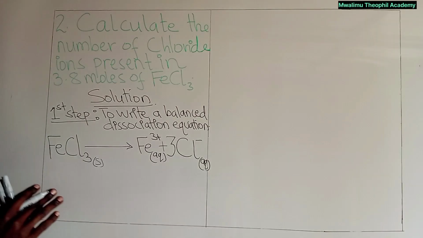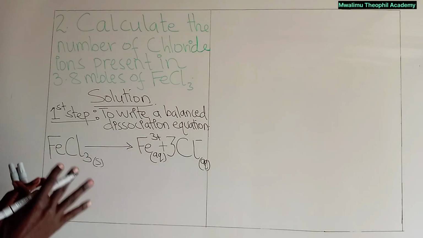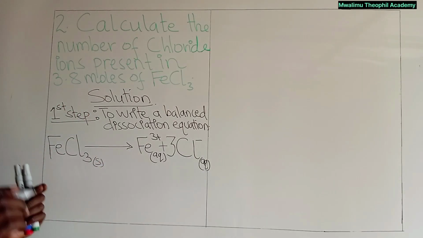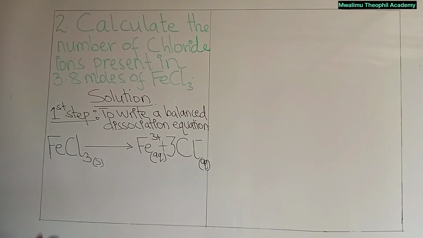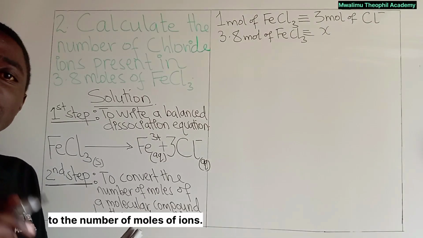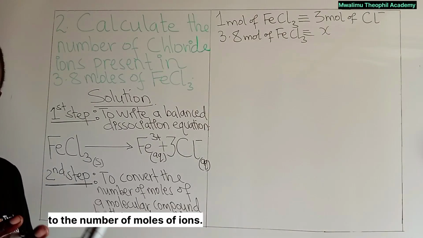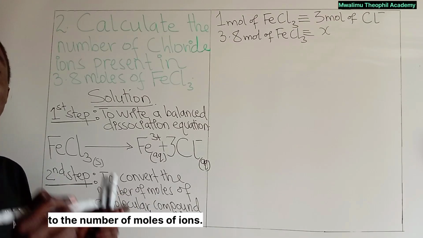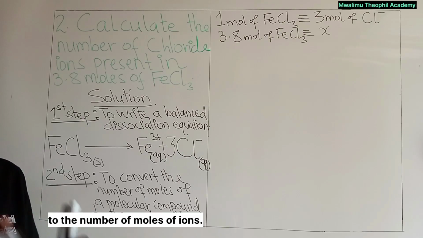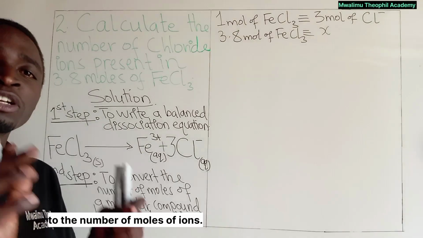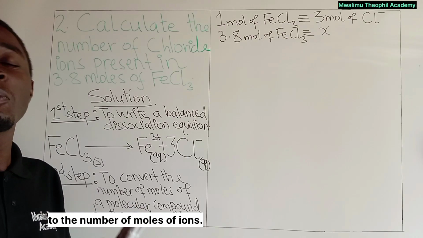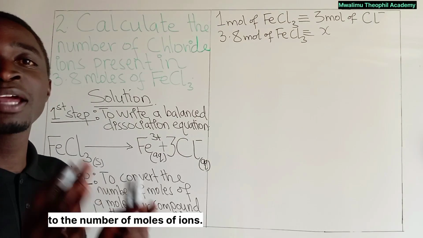This step is to convert the moles of the molecular compound to the number of moles of ions. You have to remember here, the task which we have is to find the number of chloride ions present in 3.8 moles of iron 3 chloride, and we are not told to calculate the total number of ions after dissociation. We are going to deal only with the chloride ions.